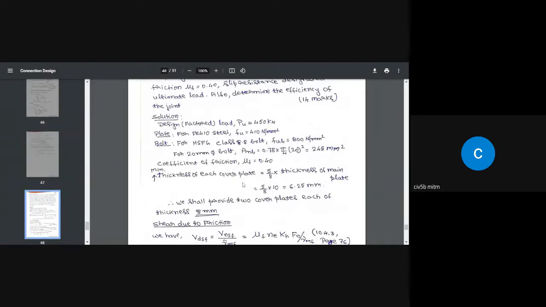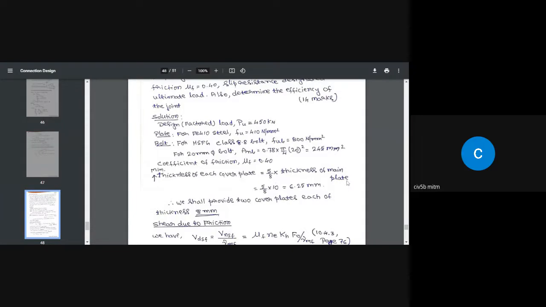So whenever we are designing a connection, here cover plates are not given, cover plate thicknesses are not given. So we have to find out. Based on a thumb rule, we are going to provide 2 cover plates, each of thickness at least 5/8 of the thickness of the main plate.